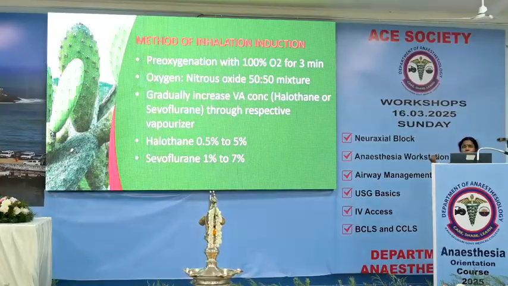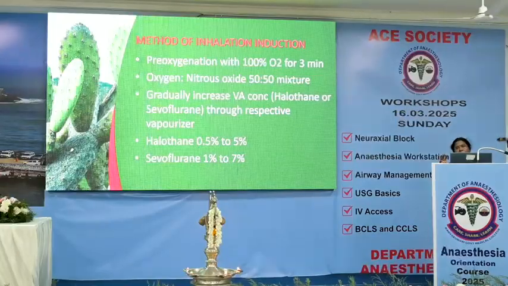Usually we place the mask over the face of the patient and first we pre-oxygenate with 100% oxygen for 3 minutes. Then we can give a mixture of oxygen and nitrous oxide as a 50-50% mixture.